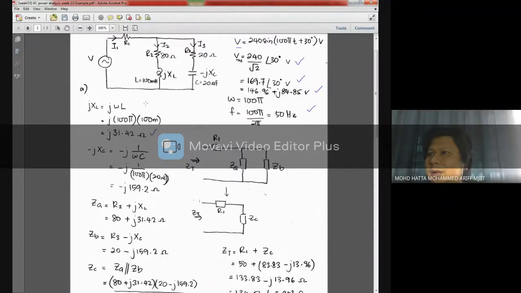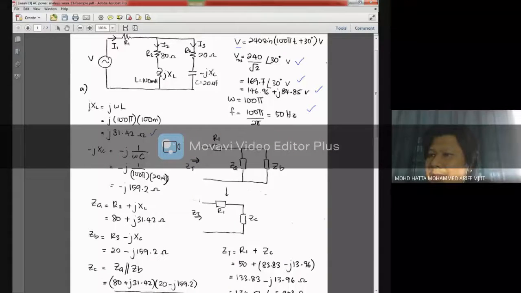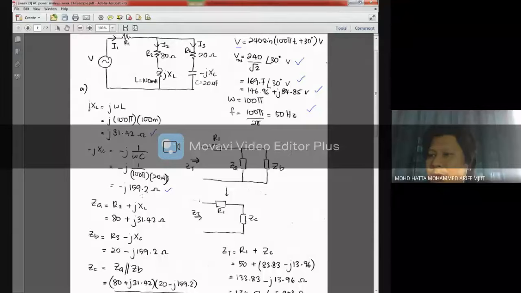For the reactance associated with the capacitor, we have negative jXC, where negative jXC is negative j times 1 over omega C. So XC is basically 1 over omega C. Solving with all the parameters, you will get negative jXC as negative j159.2 ohms.